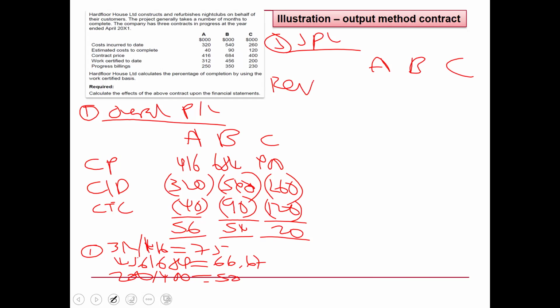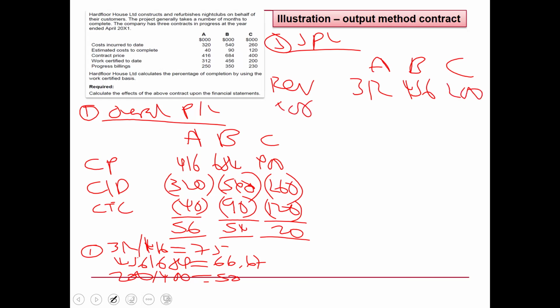So I am basically saying 75% of 416, we get 312. For contract B, 66.67% of 684, we get 456. Then 50% of 400, we get 200.